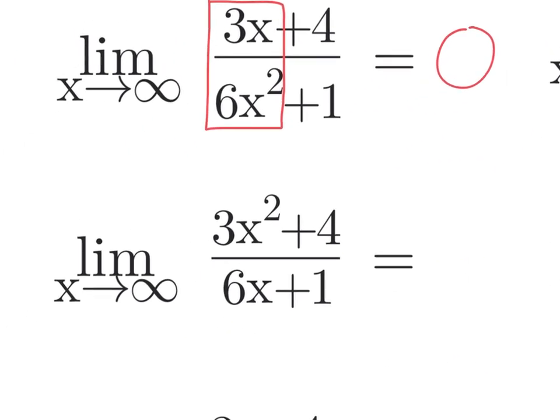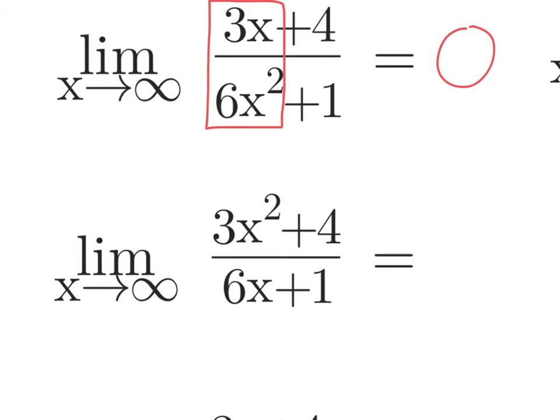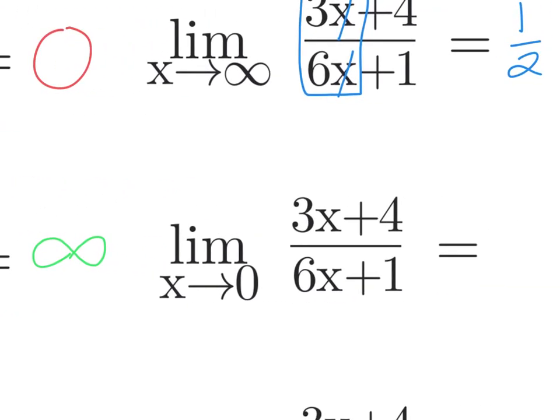Let's move over to this one. Limit as x approaches infinity, of 3x squared plus 4 over 6x plus 1. Now when we look at those leading terms, we see that the degree of the numerator is larger than the degree of the denominator. So we're back at infinity. Continuing on. Limit as x approaches 0 of 3x plus 4 over 6x plus 1.